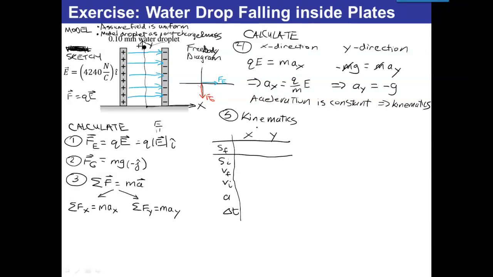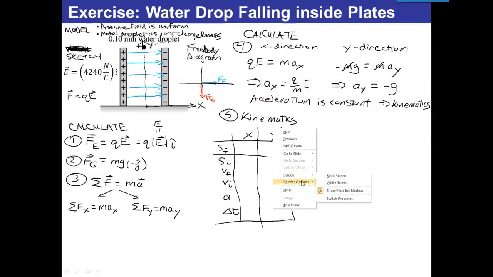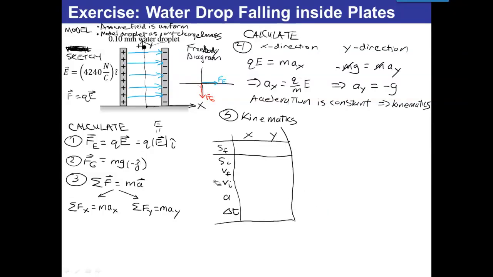I have a hard time drawing straight lines freehand, but you get the idea. Actually, in this case there's only one time, so I'm going to erase that here. Otherwise, this will be good. So we're going to have a little table like this, and we can try to fill it in.